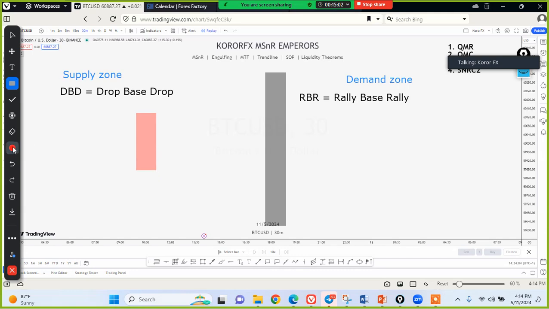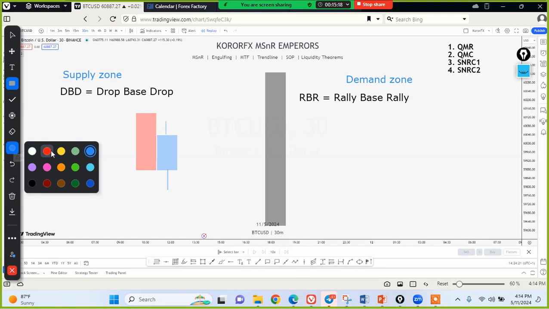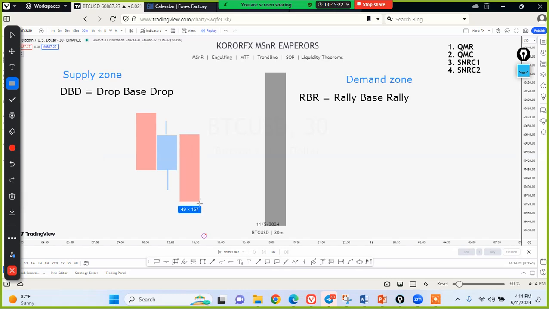Okay, and then a bullish candle gets in, and then there is another drop. We got a wick here, another wick, another wick.